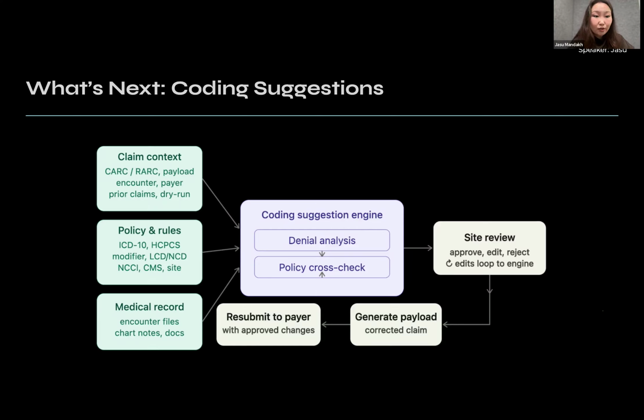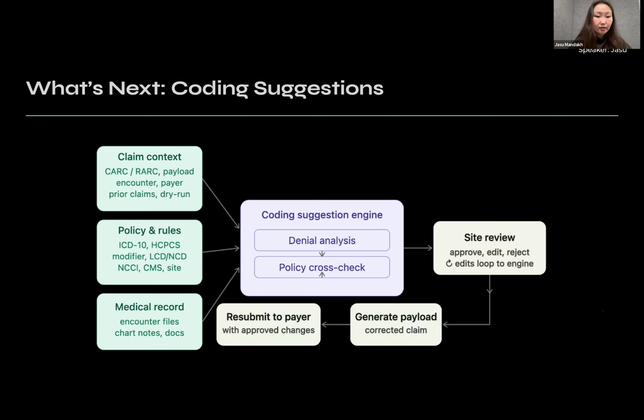And if there's a change that needs to be done for the claim, you need to go back to the medical record and update the visit note. So that's a lot of workflow. In order to help and assist you with those, we are coming up with this next project, coding suggestions.